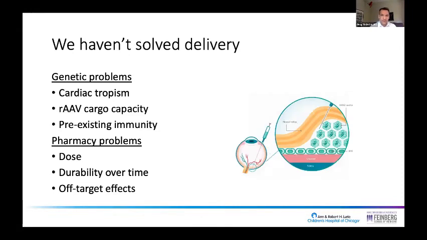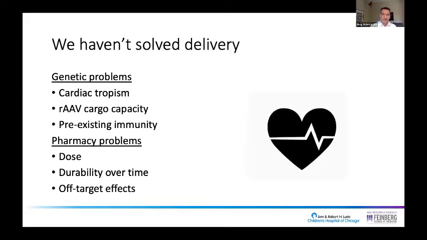In addition, it's relatively easy to think about how to deliver gene therapy to the inside of the eye. Although it seems daunting to put a needle into the eye, at least the cells on the inside of the eye are right there where you can get at them with a needle. The heart is a complex structure, much more complicated than the retina is. And it is filled with cells that need to be mostly delivered gene therapy.